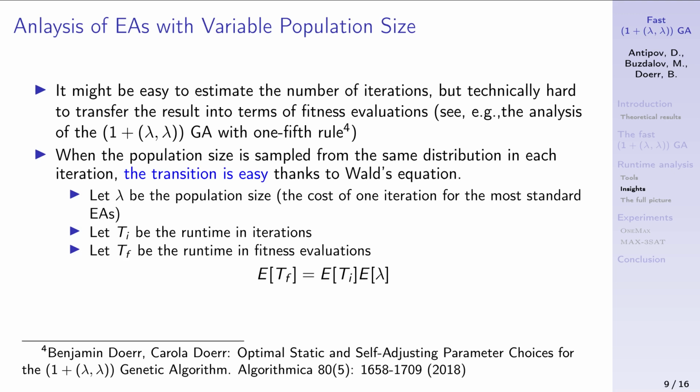However, when we sample the population size from the same power law distribution in each iteration, we can use Wald's equation, which makes this transition as easy as for algorithms with static populations. Namely, to obtain the expected number of fitness evaluations, we take the expected number of iterations and multiply it by the expected cost of one iteration. That's all.